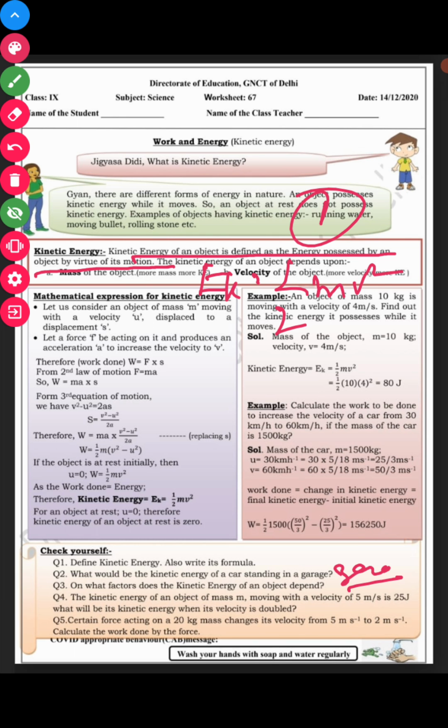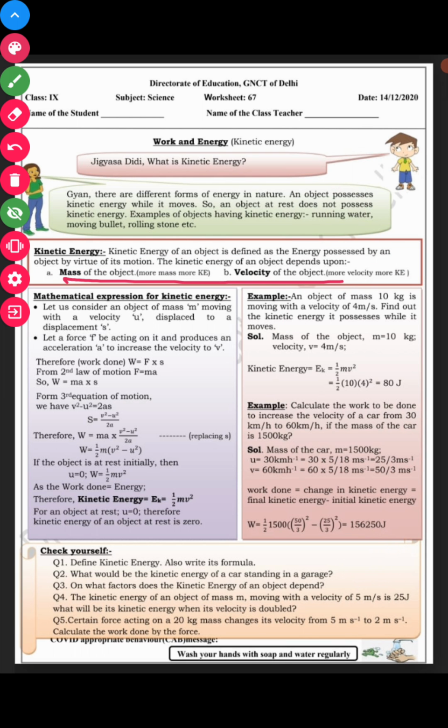So the answer of the second question is 0. On what factors does the kinetic energy of an object depend? Kinetic energy of an object depends upon the mass as well as the velocity. This is the answer of your third question. If there is more mass, more kinetic energy is there. More velocity, more kinetic energy is there.